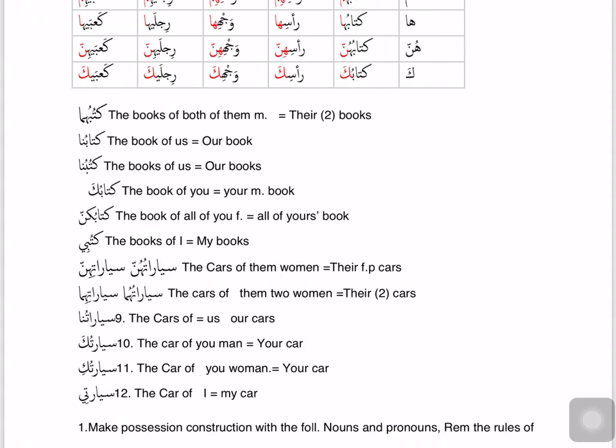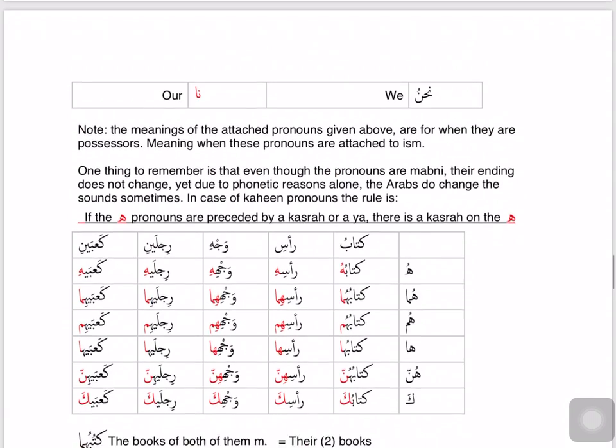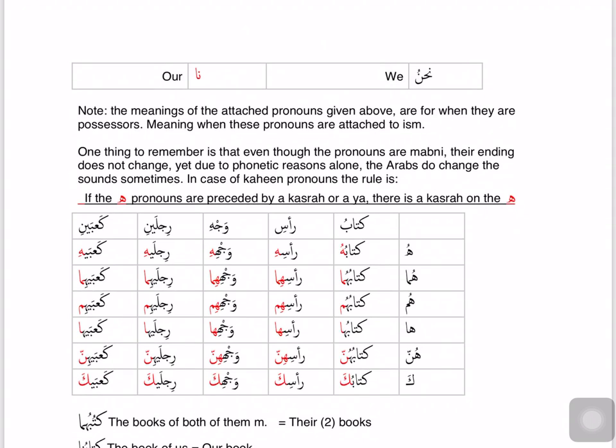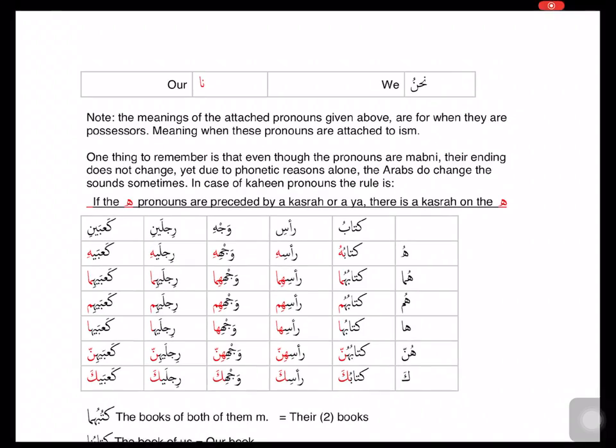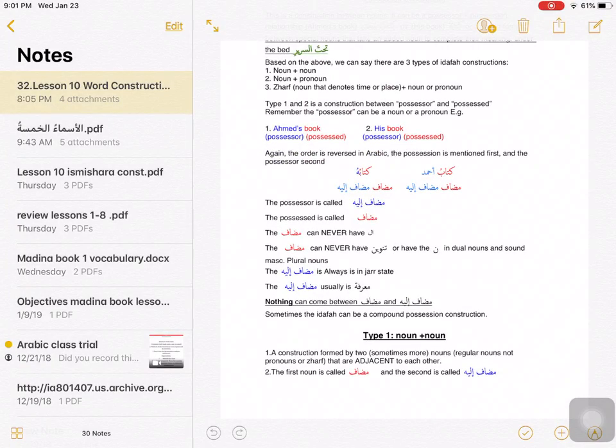Ya mutakallim forces the last letter of the word it is attached to take a kasra, so it sounds good. So in any of these words, for instance, kitabu, if I want to say my book, it will become kitabi. My head, ra'si. My face, wajhi. So on and so forth. Always we will put a kasra on the last letter.